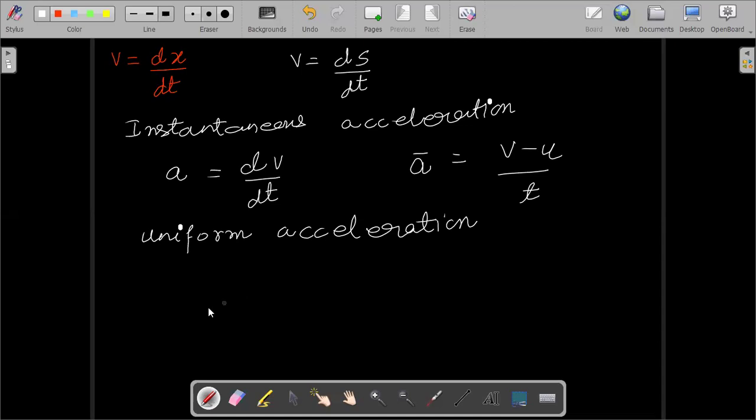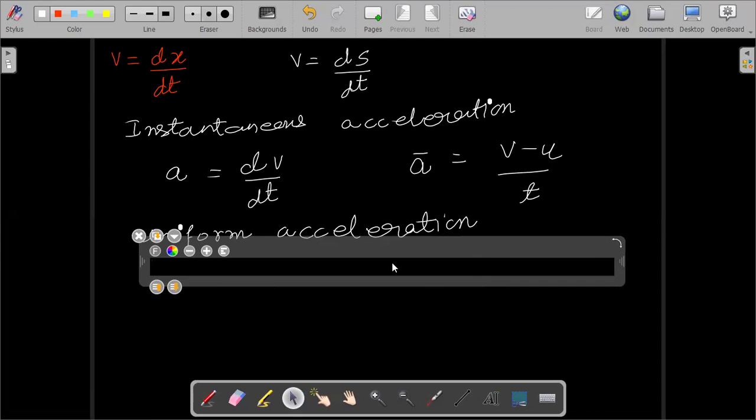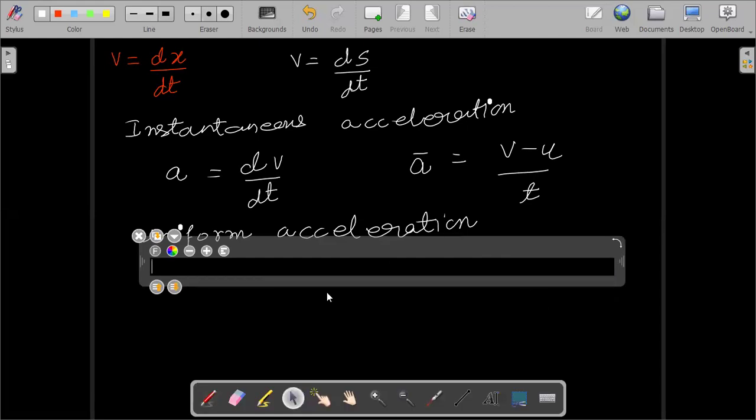Can you give a definition of instantaneous acceleration?